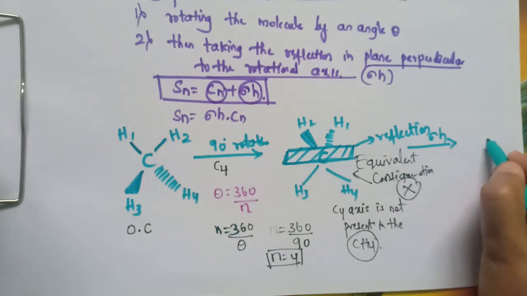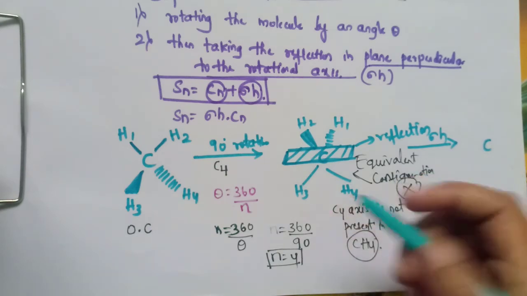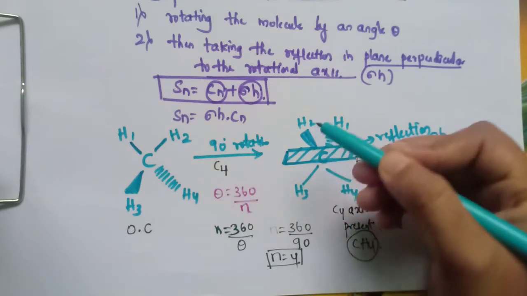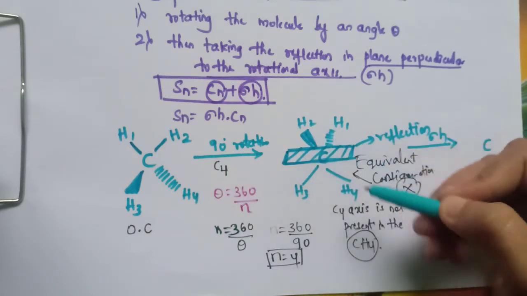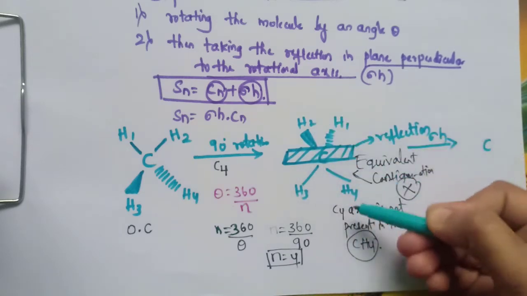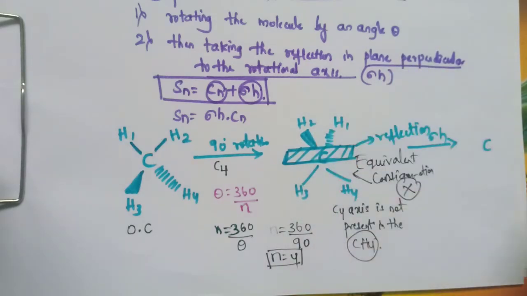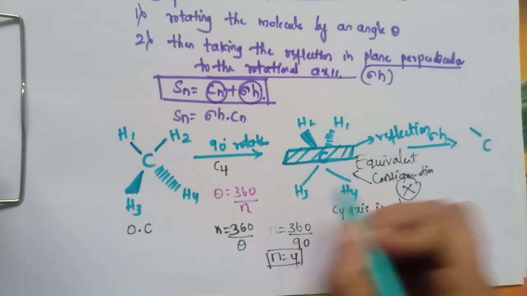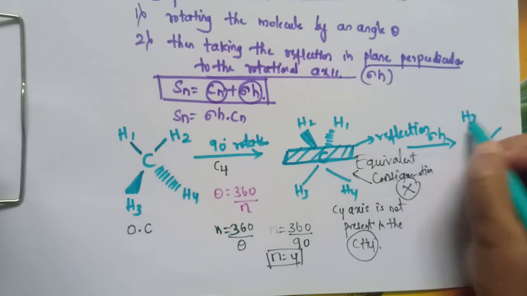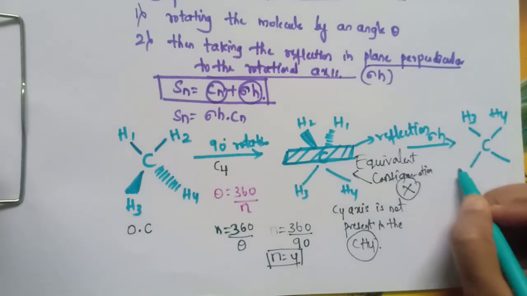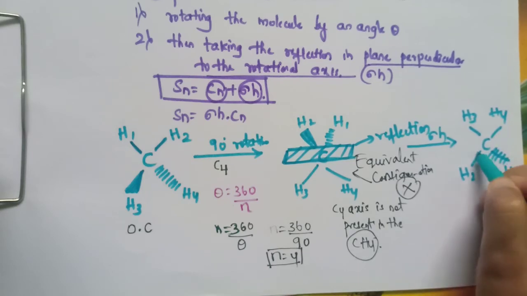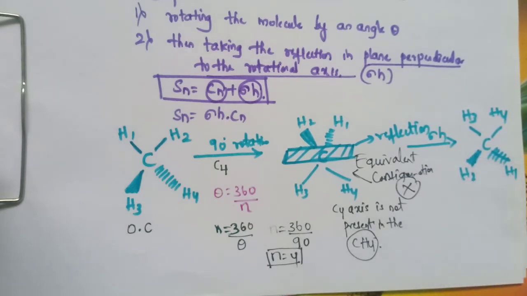See what happens after the reflection: this H3 in the reflection will look like it has come here, this H4 will come here, this H2 will come here, and this H1 will come here. So the reflection happens. First I will write it here, H2 H1, sorry, it is dash and it is wedge shape.